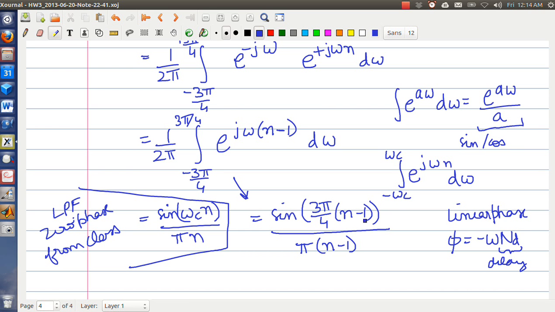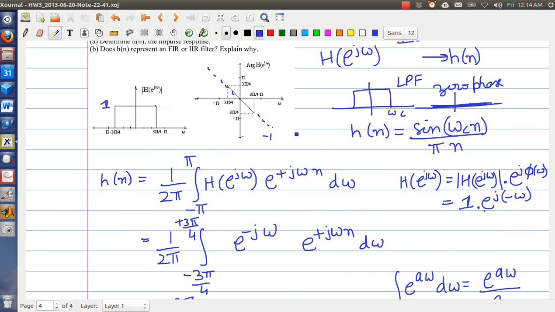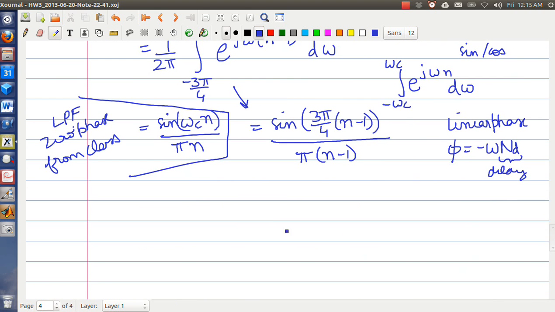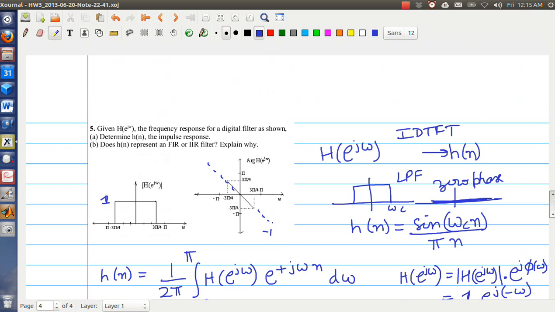So here's your delay, n minus 1, like we are given a linear phase. So this would end up looking like a sinc function that is shifted by 1. So it's not that hard.